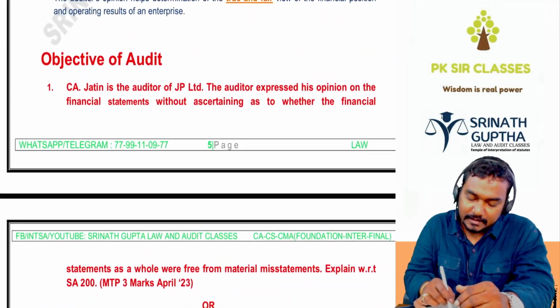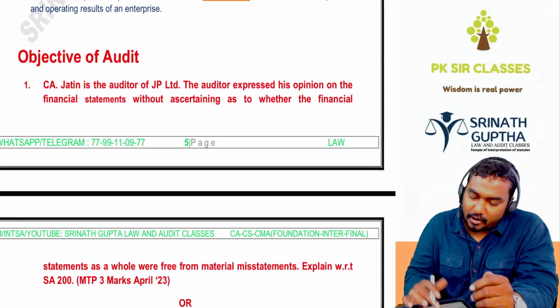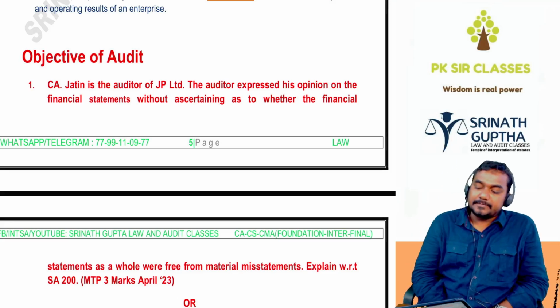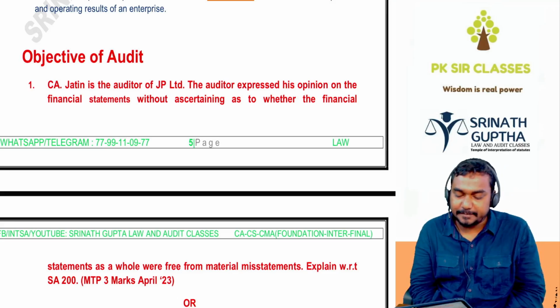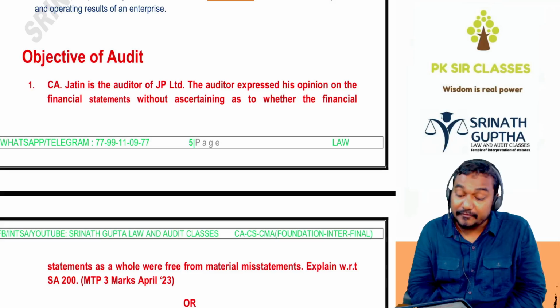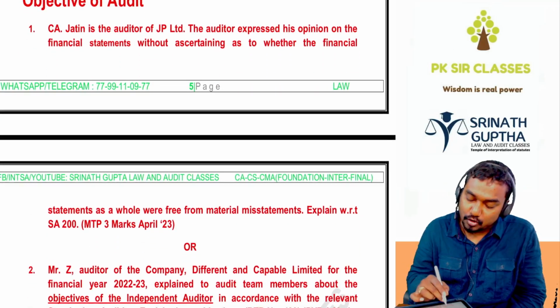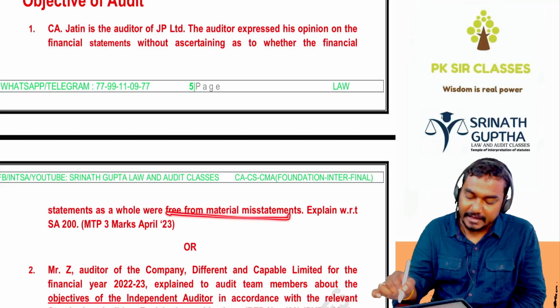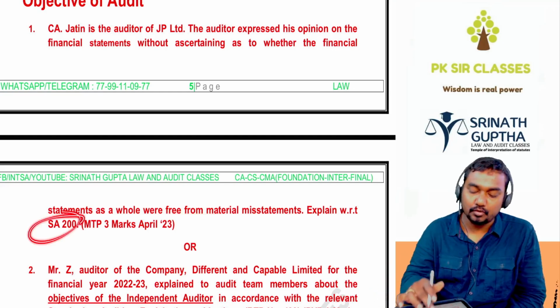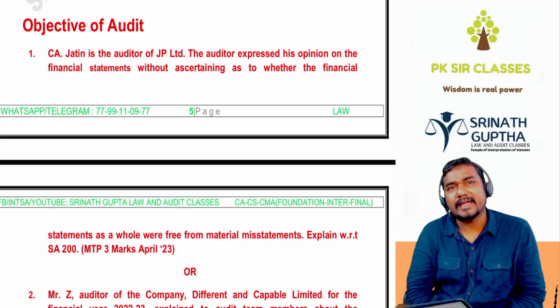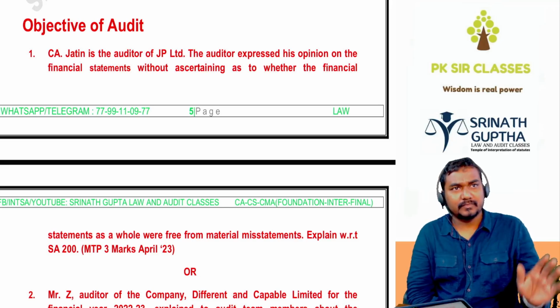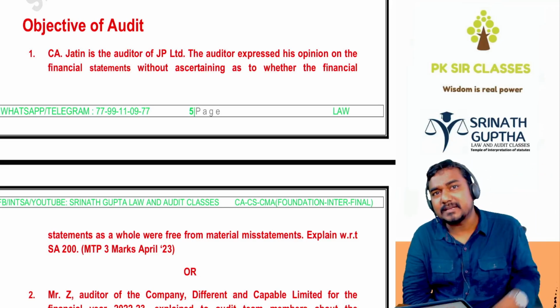First question, beta. CA Jatin is the auditor of JP Limited. The auditor expressed his opinion on the financial statements without ascertaining whether the financial statements as a whole are free from material misstatements; explain with respect to SA 200. But will we be able to give any guarantee? No. Will we be able to identify all the misstatements?